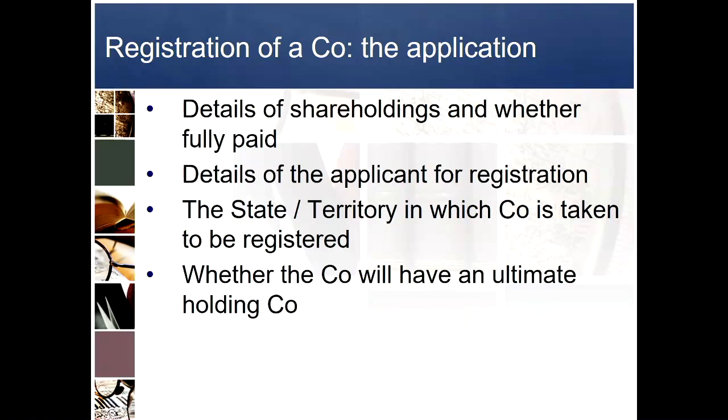Remember last week we talked about which or who has the power to legislate for companies. And we said that actually the Constitution does not give that power to the Commonwealth Parliament, but the states have given that power to the Commonwealth.